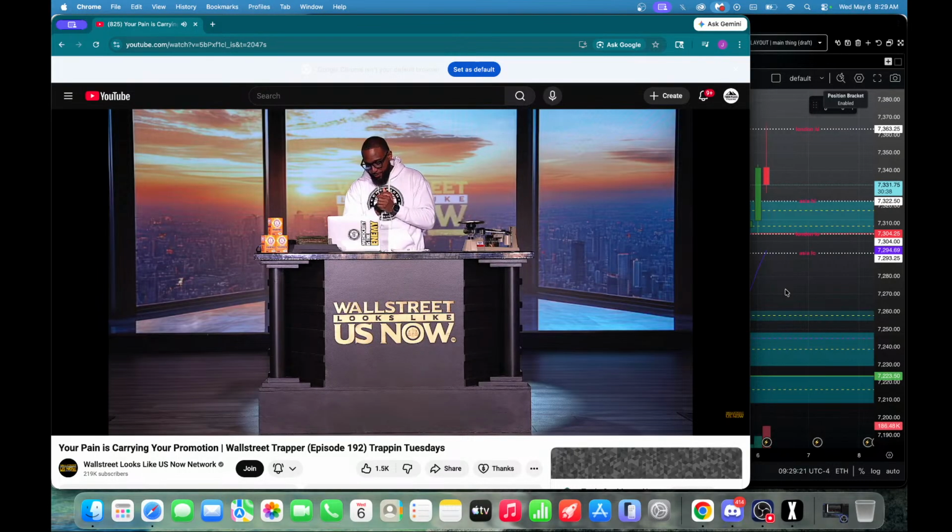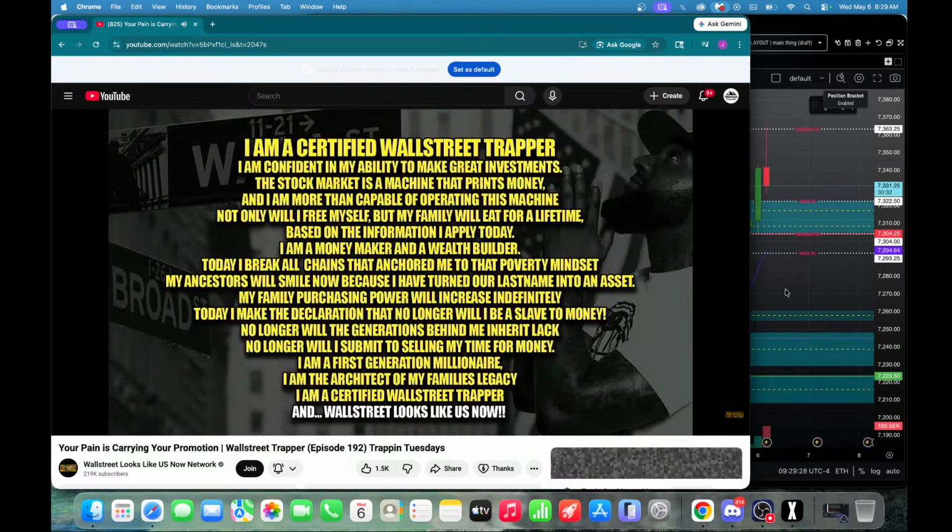Let's go with our mantra. I am a certified Wall Street trapper. I'm confident in my ability to make great investments. The stock market is a machine that prints money, and I'm more than capable of operating this machine. Not only will I free myself, but my family will eat for a lifetime based on the information I apply today. I'm a money maker and a wealth builder. Today, I break all the chains that anchor me to that poverty mindset.